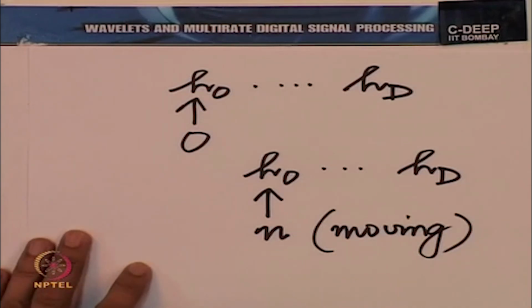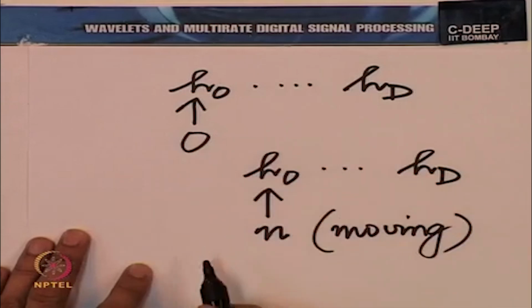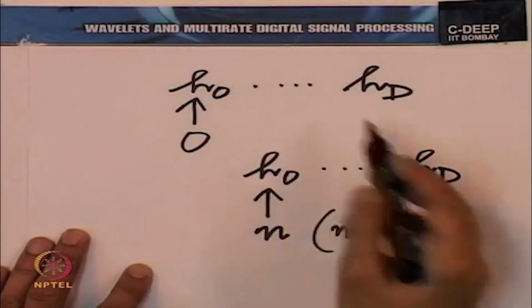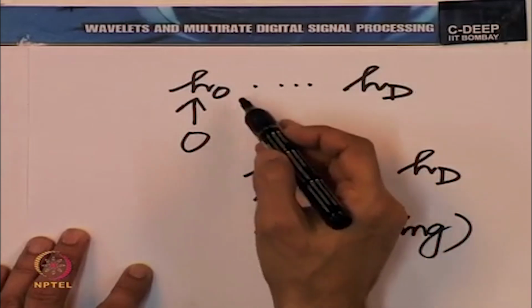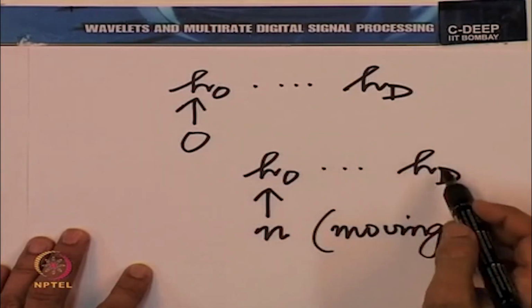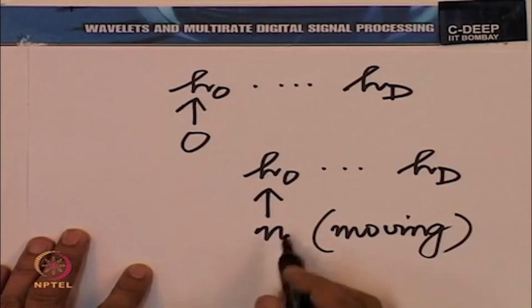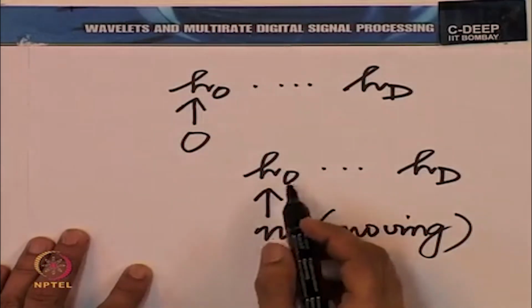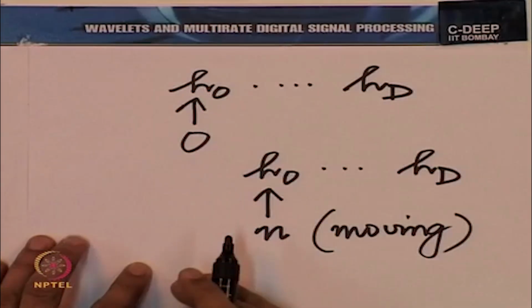So, you can visualize the situation. For different values of n, this lies at different locations with respect to the static sequence. For example, when n is equal to 0, the samples actually coincide. When n is equal to 1, then H0 clashes with H1, and of course, Hd has gone out of range. So, it has gone to a 0 sample here. When n is equal to minus 1, you are here, and then of course, H1 clashes with H0, Hd with H of d minus 1 here, and so on and so forth.